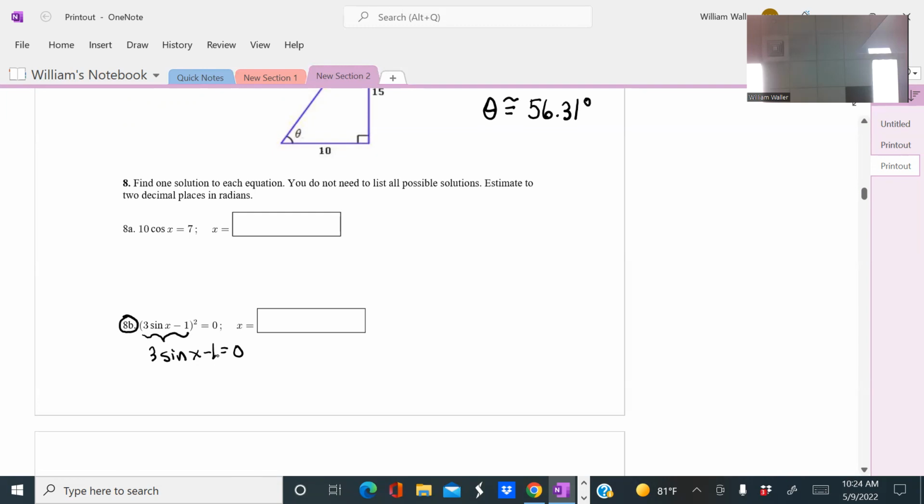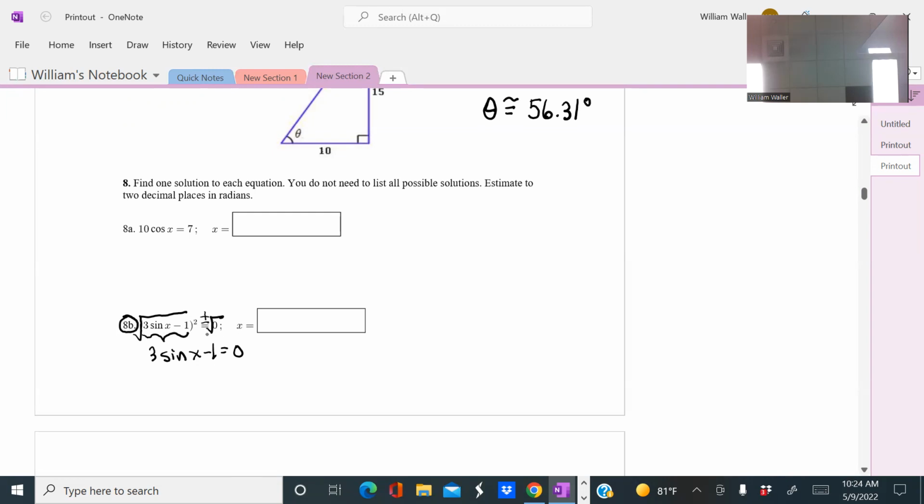Another way of thinking of that is taking the square root of both sides. But when you do that, make sure you remember that numbers have 2 square roots, one positive and one negative.